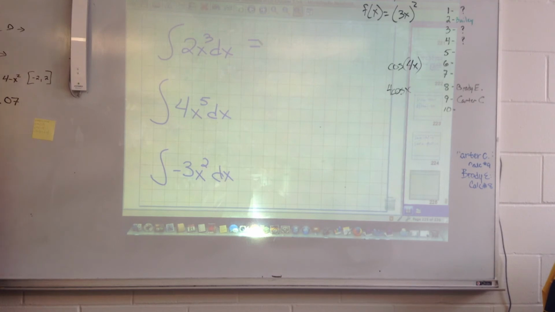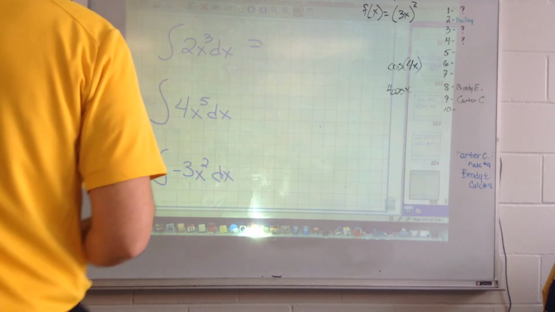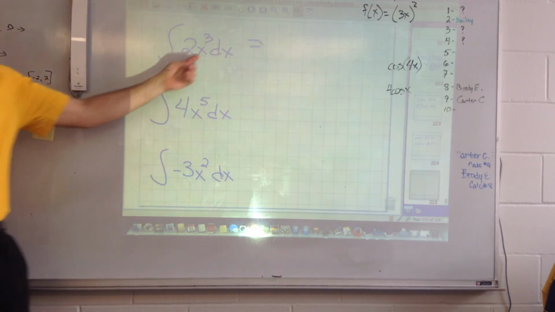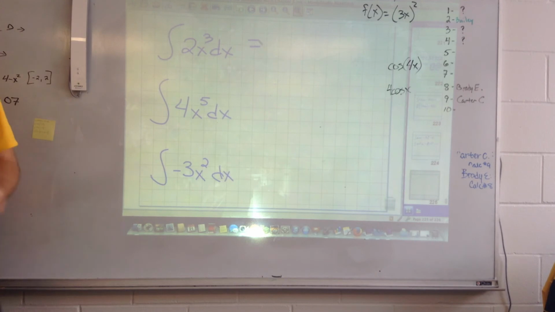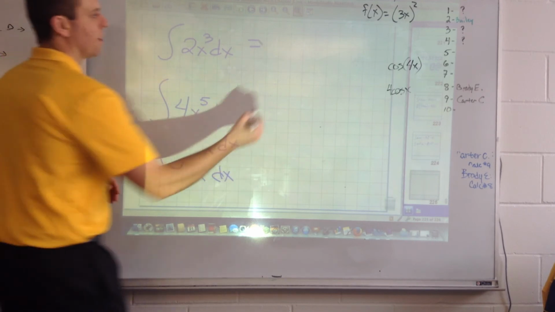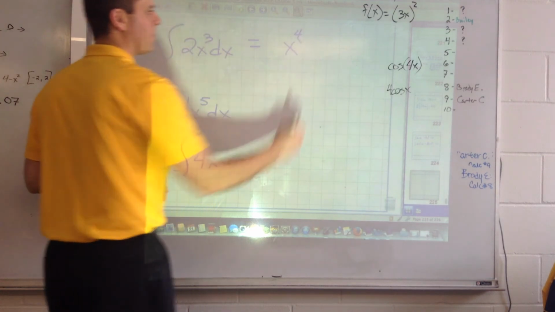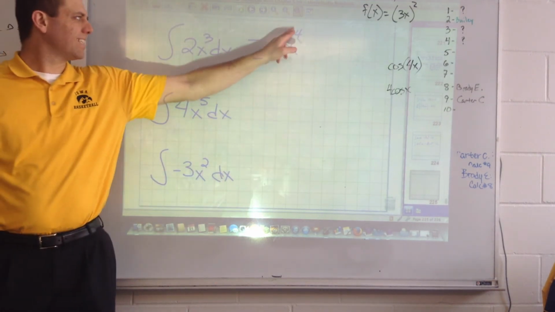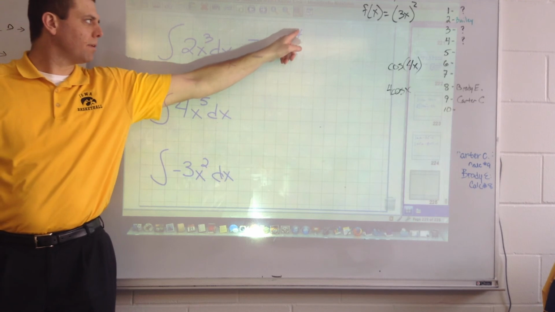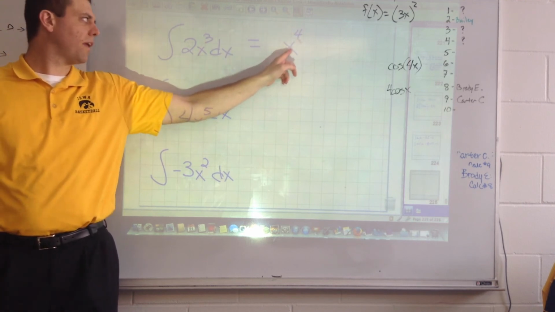Okay, so my thought process on this would be, okay, I know I gotta have x to the fourth. Okay, again, I'm not using the formula, alright? But I know I have to have x to the fourth. Because I know I have to have x to the fourth, I'm going to take the 4 times whatever is here, and that'll give me x to the third.